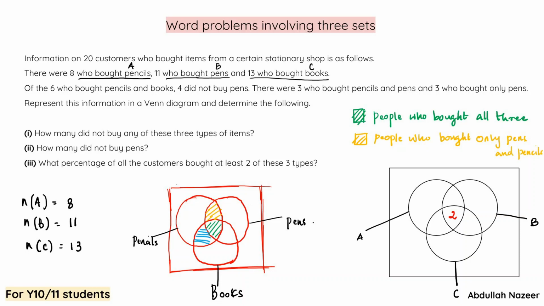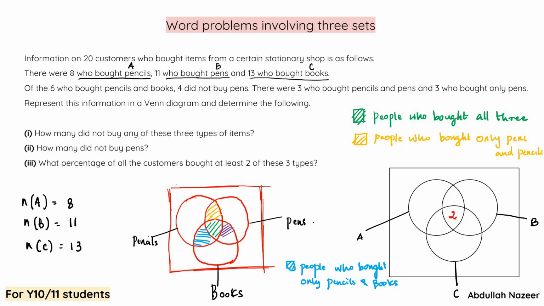And similarly, this region over here is the region that belongs to people who bought only books and pencils, right? So people who bought, I'm running out of space, so I'm just going to write here, people who bought only pencils and books.